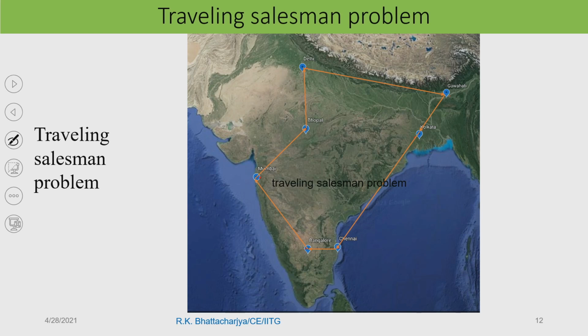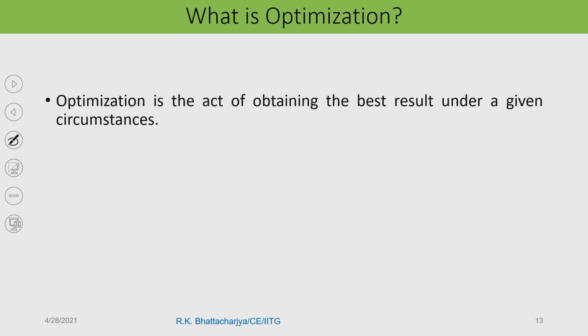So, maybe from Mumbai initially to Bhopal, or Mumbai to Delhi, Delhi to Guwahati, or something like that, or you may have some optimal route. This is another example problem, we call it the traveling salesman problem. We will try to solve some problems related to this aspect also, apart from our other civil engineering problems.